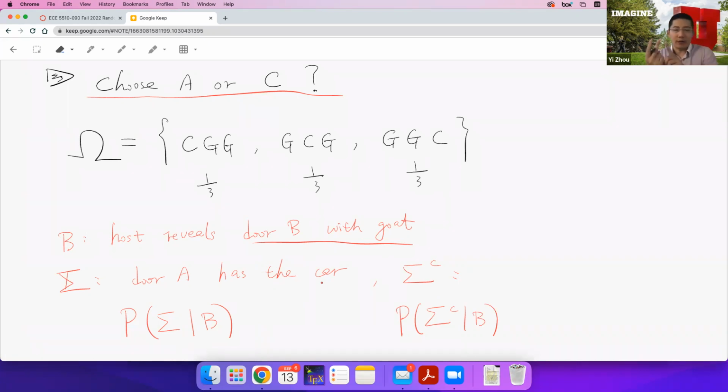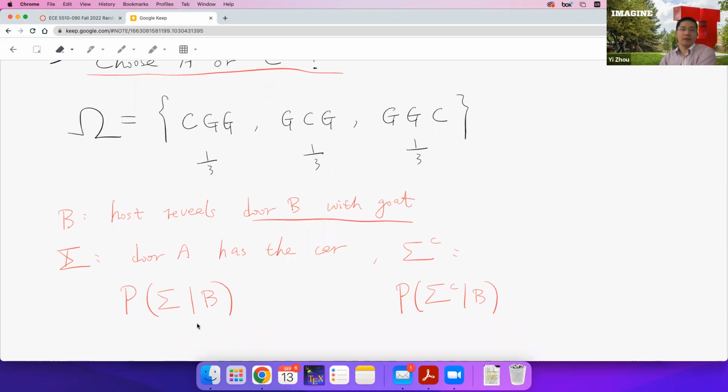So given that door B has the goat, either A will have the car or C will have the car. So we just need to compare these two conditional probabilities, and we will always choose the bigger one. This is actually the problem formulation. So in the end, we need to calculate these two probabilities.